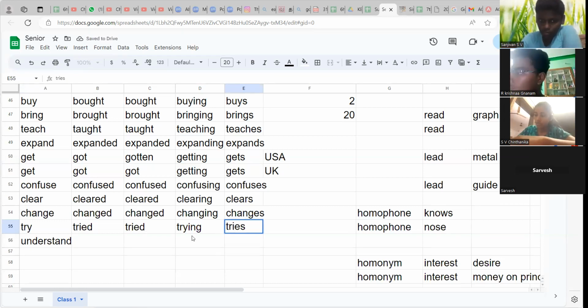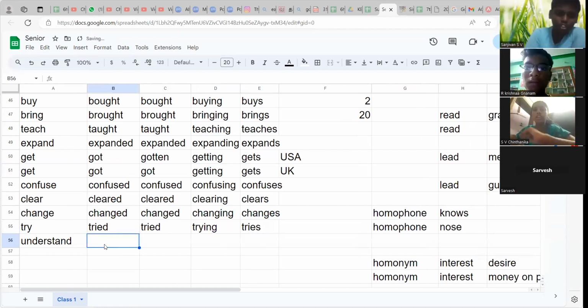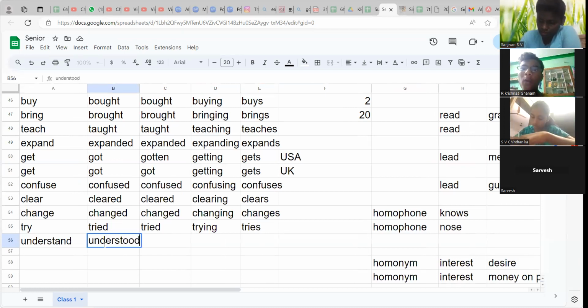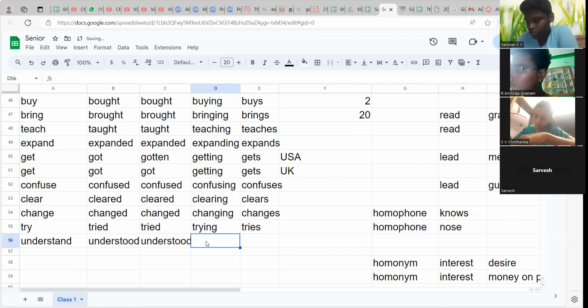Understand. Anyone can say this one? Sir, understood. Understood. Beautiful. Both of you are correct there. And write it down. When you write, a lot of things happen in your body and mind. So writing is such an important thing. It directly goes to your brain. So always write it down. Reading, writing, listening, speaking.